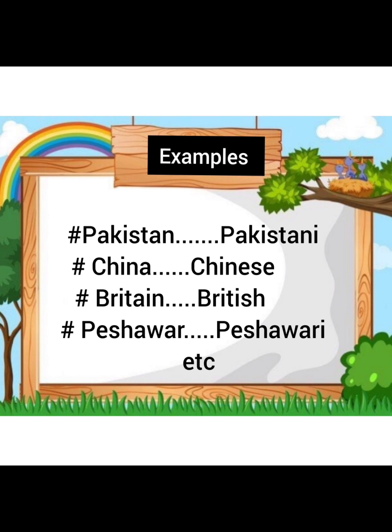Britain, British is a proper adjective for Britain. For example, Peshawar, Peshawari is a proper adjective. Once you are able to use these adjectives in your sentences, then you will get the concept of what I mean. Let's have a look at the examples in the form of sentences.